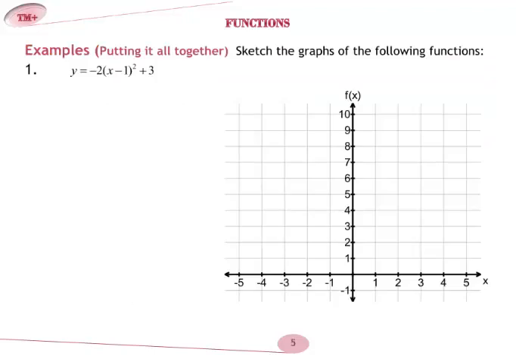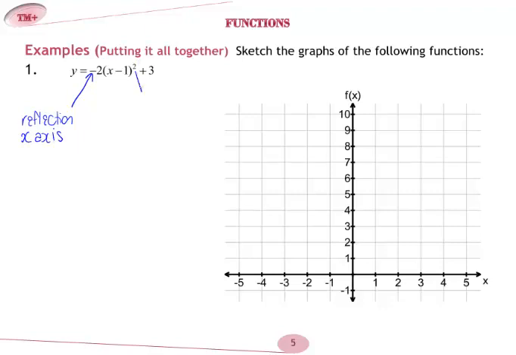So let's look at some examples by putting this all together. If I have y equals negative 2 bracket x minus 1 all squared plus 3, that negative 2 is telling me that I have a reflection. It's a negative 2 in the front, so all I'm doing here is reflecting it on the x-axis.